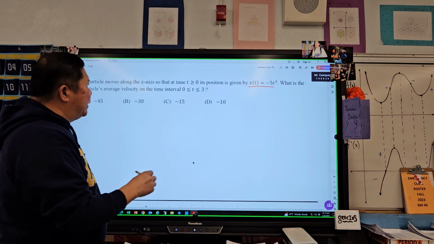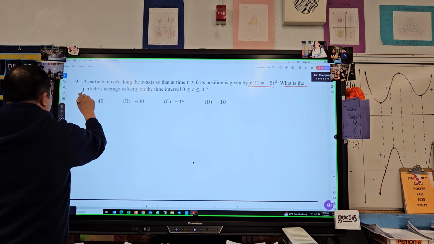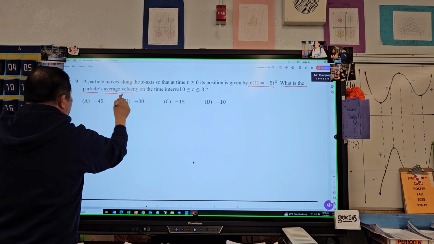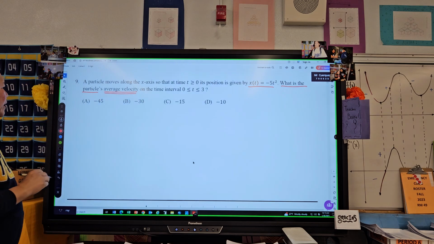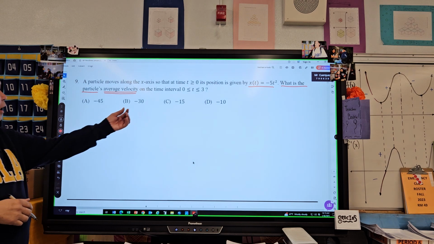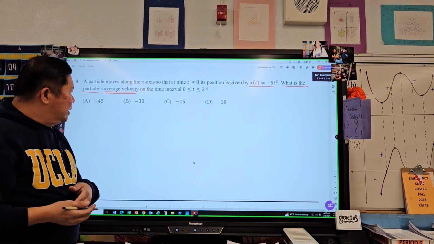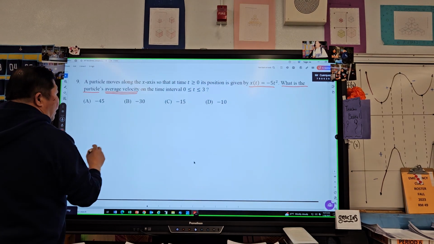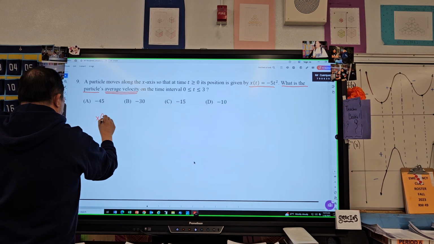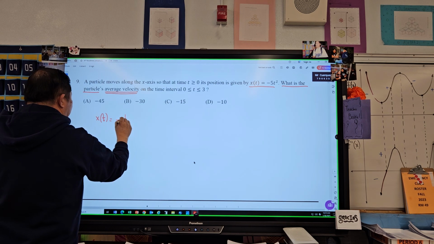Question, what is the particle's average velocity on the time interval from 0 to 3? So that's the interval. We have the position function x of t equal to negative 5t squared.